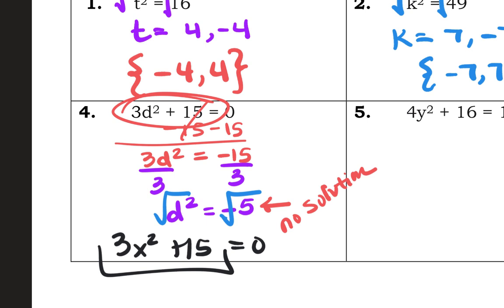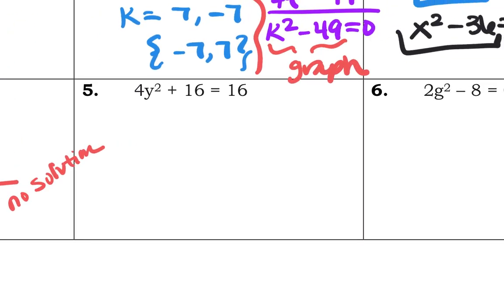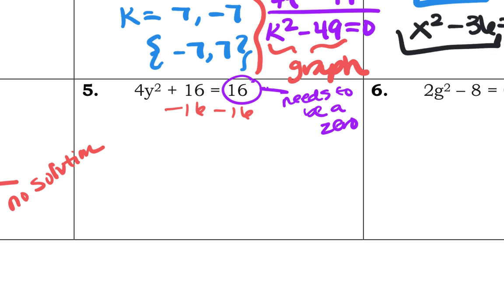All right, let's do graphing on the last two. So can we graph this one the way it looks? No, this has to be a 0. That means we have to move it over. So -16 minus 16. We have 4y squared equals 0. All right, let's go ahead and graph 4y squared. Can we enter the y though? No, you have to put an x.